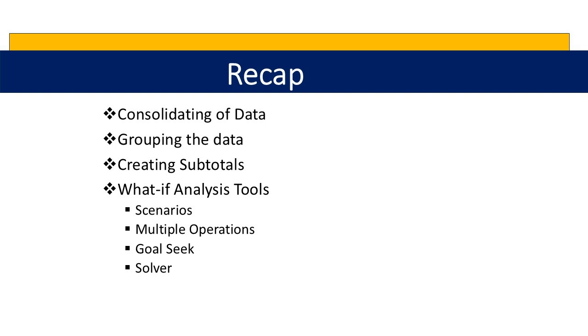Now, the what-if analysis tool is the most important part of this chapter. Do not skip these 3 or 4 options. Please study the what-if analysis tools thoroughly if you are preparing for electronic spreadsheet. So: scenarios, multiple operations, goal seek and solver. A difference is generally asked about goal seek and solver, so study that well.